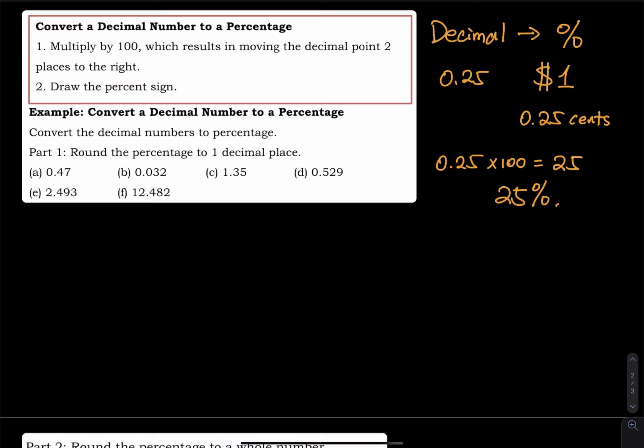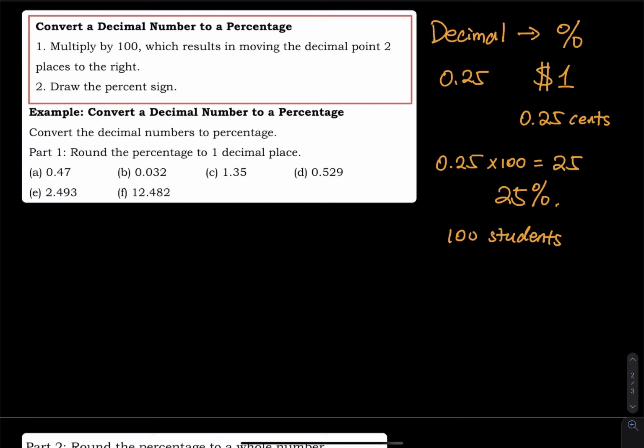Another way to think about a percentage is, let's say in a class, we have 100 students in a classroom, and I'm going to say that 25% of the students got an A this semester. What does that mean?